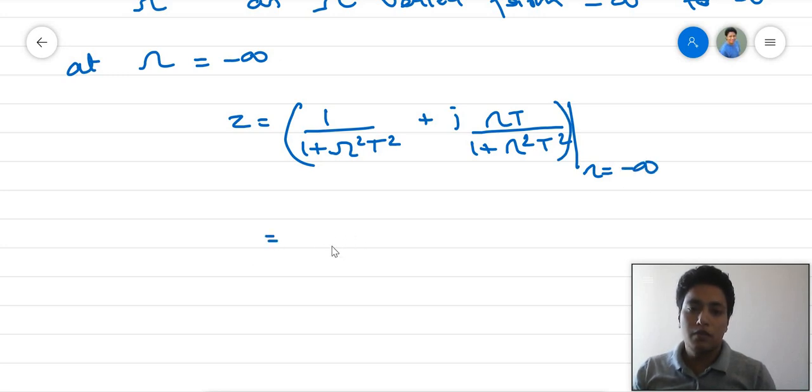So this will give 1 by infinity, which is 0, plus j infinity by infinity.